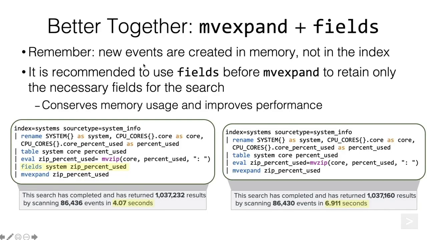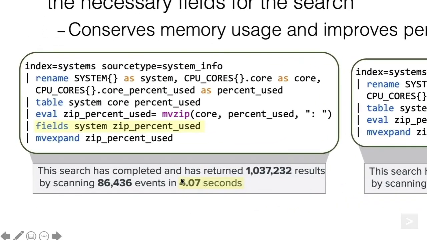Now, as a result, using mvexpand, we are creating new events in memory. So in order to preserve memory usage and overhead, an alternative option would be to use the fields command before the mvexpand command to extract and specify only the set of fields that we are interested in working with. This will improve the overall search performance.